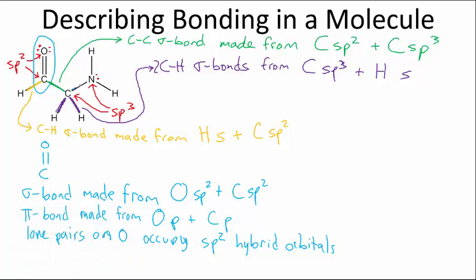I'm running out of colors, but that's okay. This dark blue CN bond: what kind of bond? A CN sigma bond. And that's from what orbital on carbon plus what orbital on nitrogen? sp3 on both. Yep.